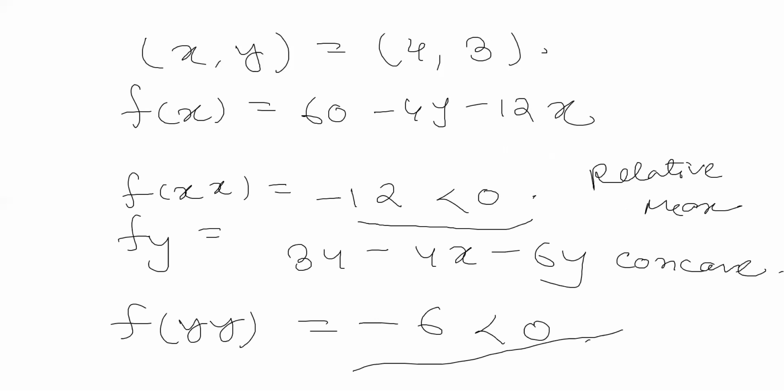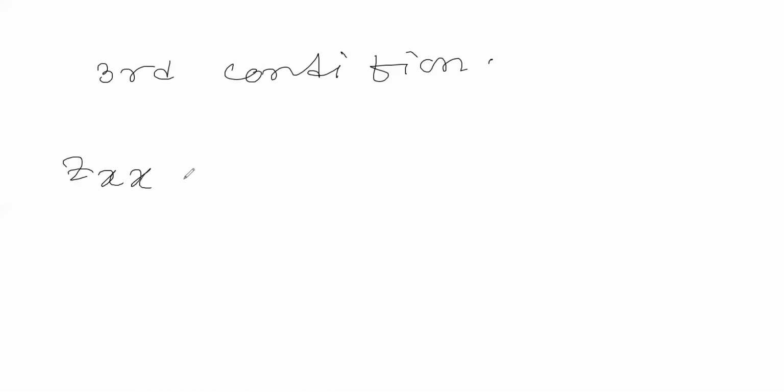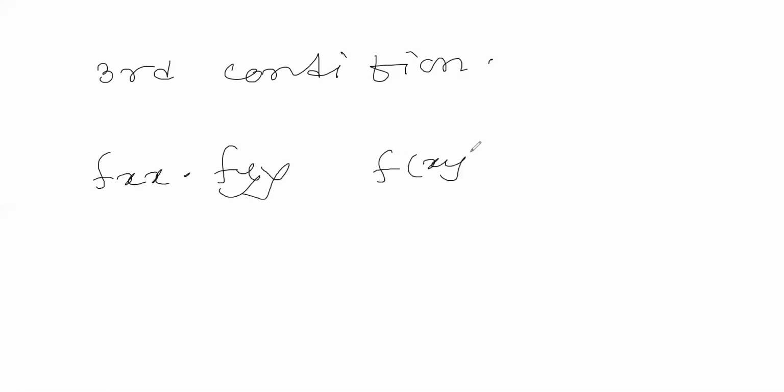So this is a preliminary decision. All depends on what the third condition is telling us or showing us. So let's look at the third condition. Okay, according to third condition, we will do z of x, or here it is f, I'm sorry. So this is f, right? So we can write f of xx into f of y, whether it is greater than or less than f of x square.